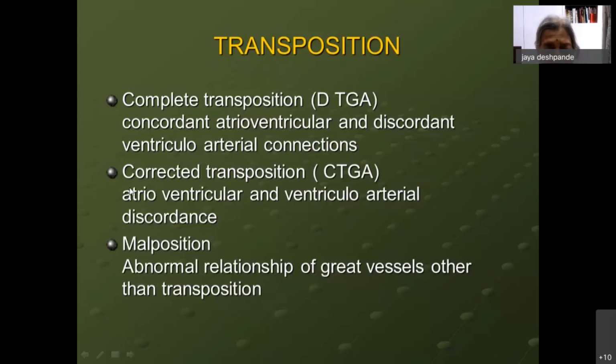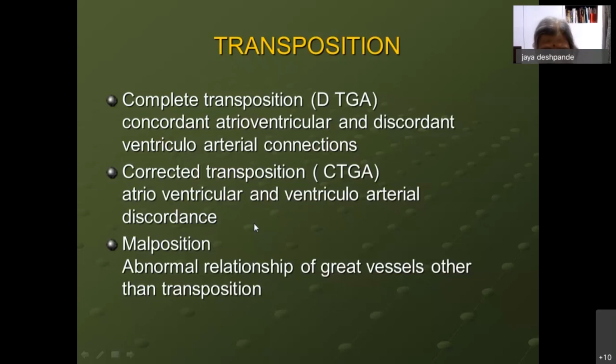Then you also would have heard of corrected transposition. We will deal with this in the next class. Corrected transposition is when you have atrioventricular and ventriculo-arterial discordance. For example, the right atrium leads to the left ventricle. The left ventricle leads to the pulmonary artery.